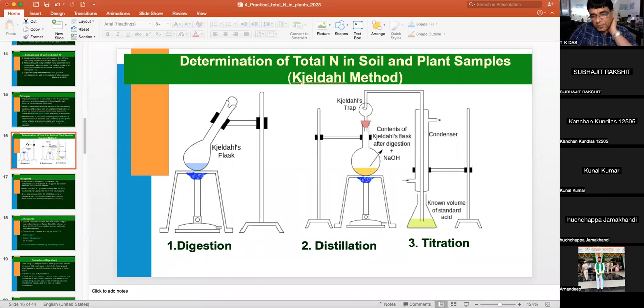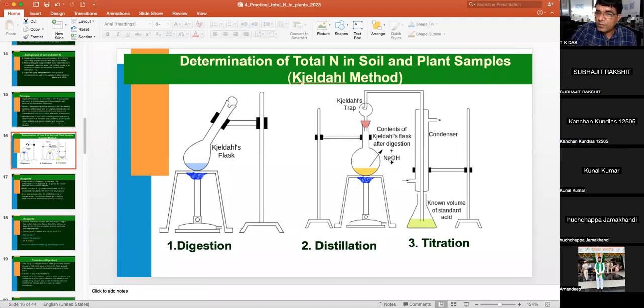You put this Kjeldahl flask here, and you put some quantity of NaOH, sodium hydroxide, a strong alkali, and immediately close this valve and attach it to the distillation assembly. The assembly has a condenser, which will cool down the hot ammonia. Ammonia will be liberated because of the action of NaOH with ammonium sulfate.